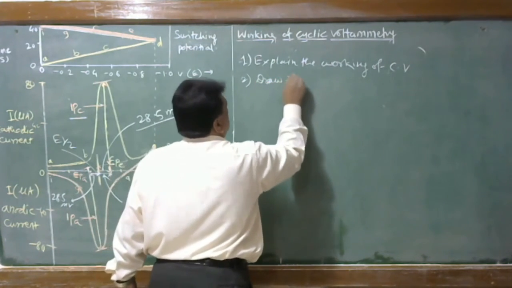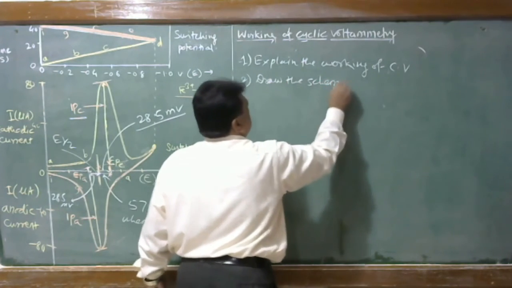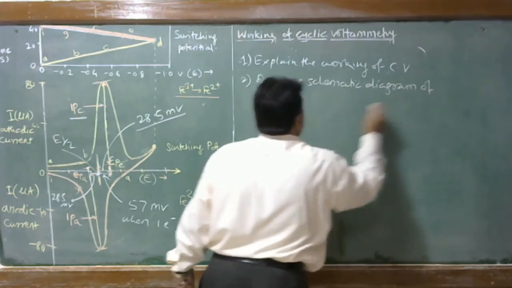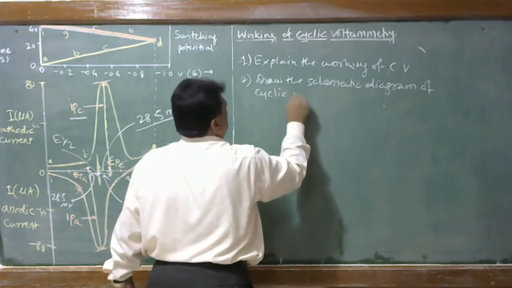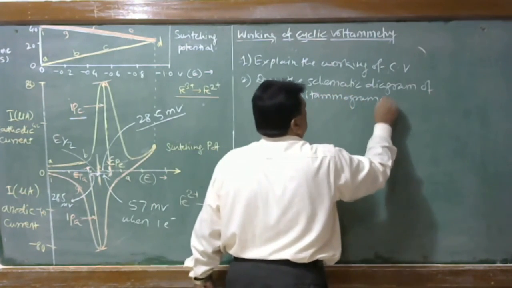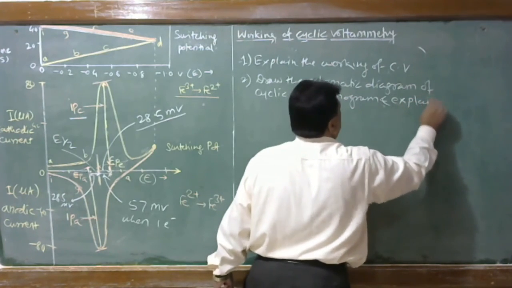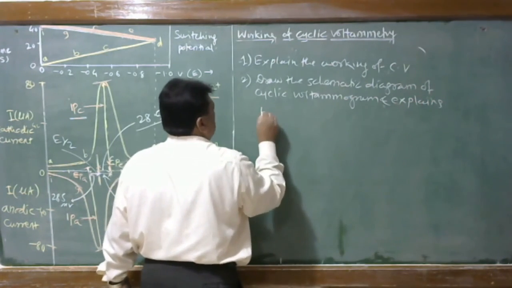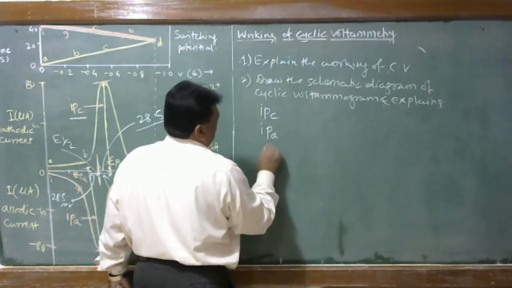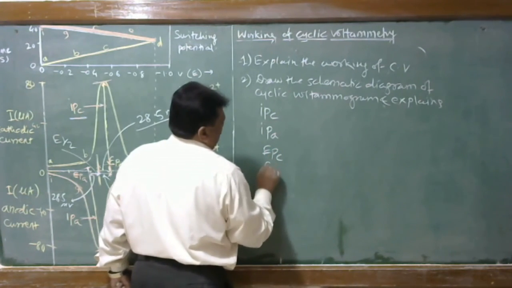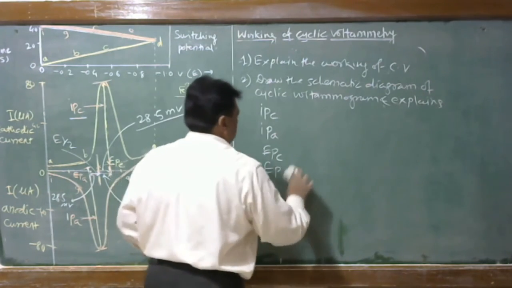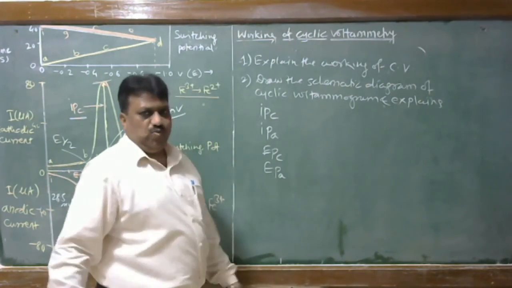Second, draw the schematic diagram of cyclic voltammogram and explain the following terms: cathodic peak current, anodic peak current, cathodic peak potential and anodic peak potential with reference to their analytical importance.